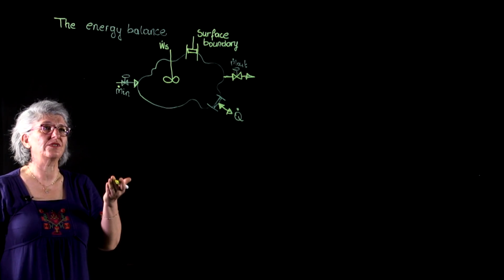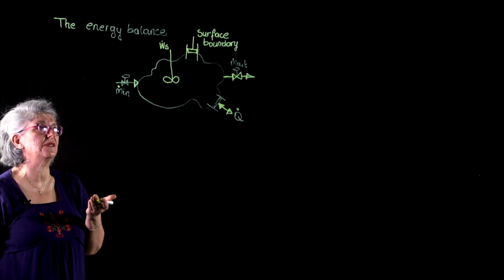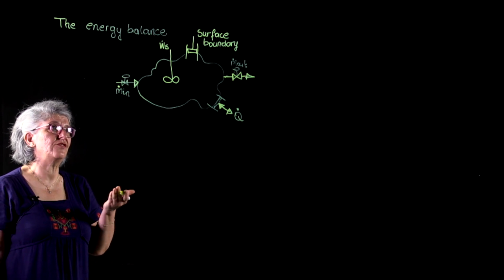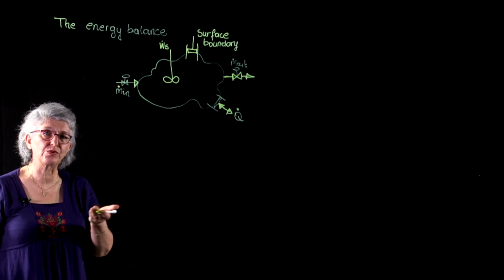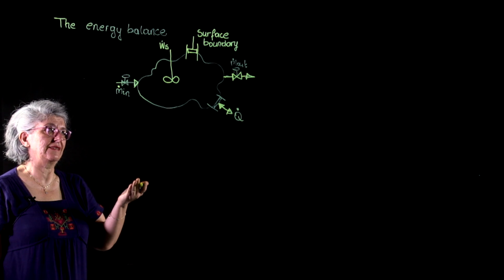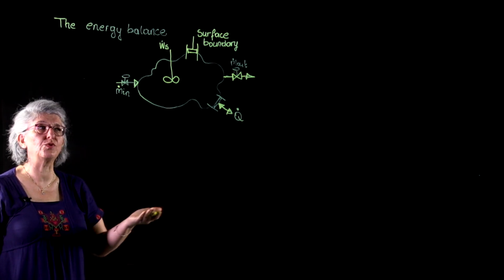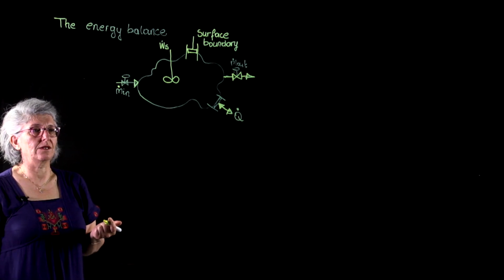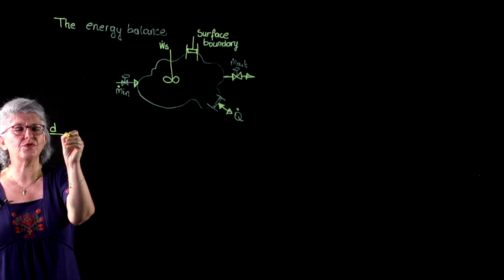In other words, time rate of change of the conserved quantity within the system boundary is equal to the net rate with which the conserved quantity enters through the system boundary minus the net rate at which the conserved quantity leaves through the system boundary. So we are going to have a time rate of change term.